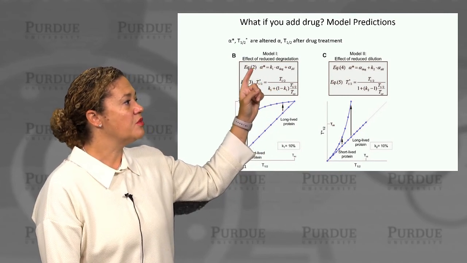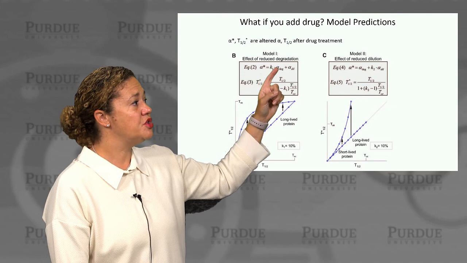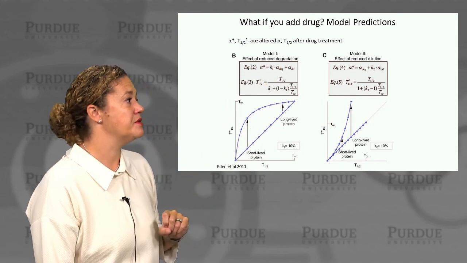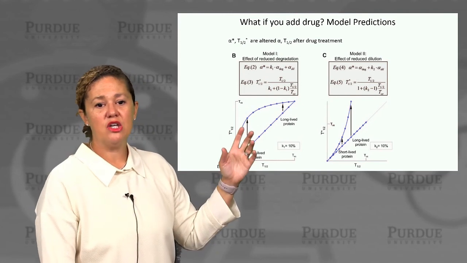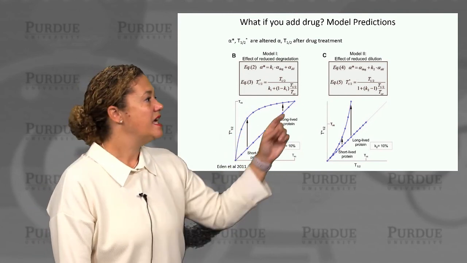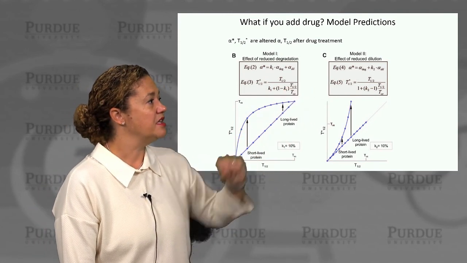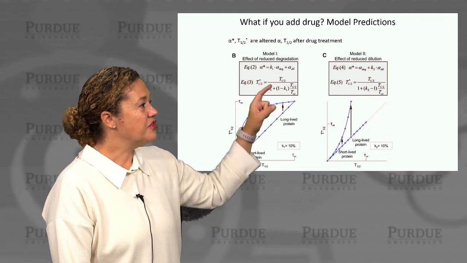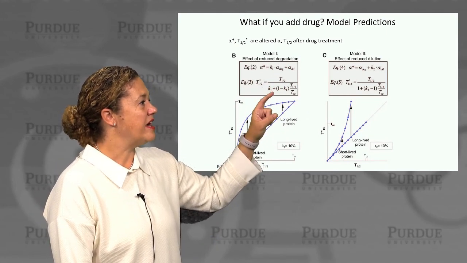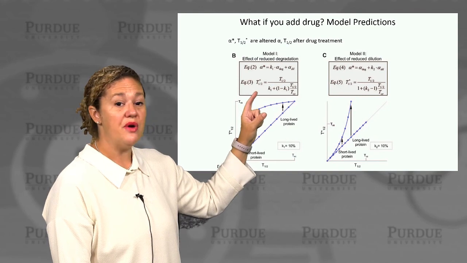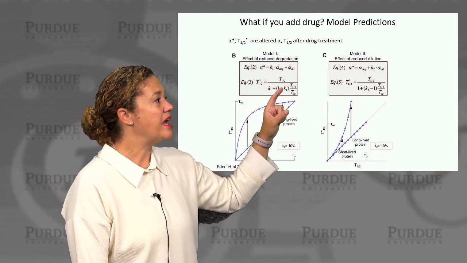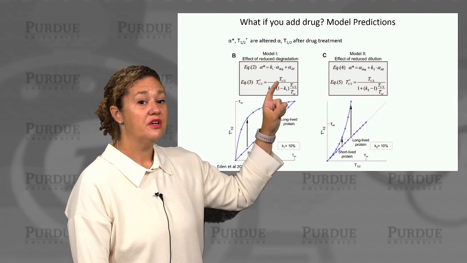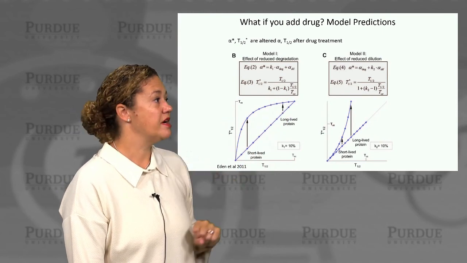So if our drug were to have the effect of reducing the degradation of proteins, then we would expect this K1 to be a value between 0 and 1 and no change in our alpha dilution. So we can then convert that and look at our new half-life after drug treatment, which is indicated by star, compared to the half-life for each protein before drug treatment.